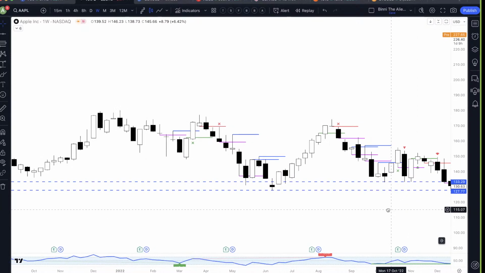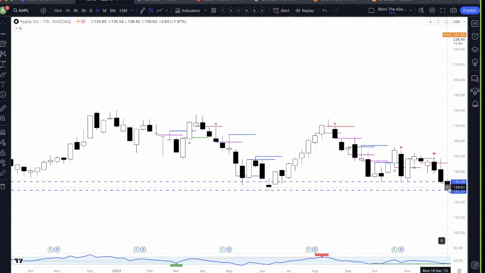So when price moved down here, they pretty much thought that Apple had broken the support. They thought that the support had been broken. But probably they didn't look far back enough, because people just look at the lower time frame, a day chart.